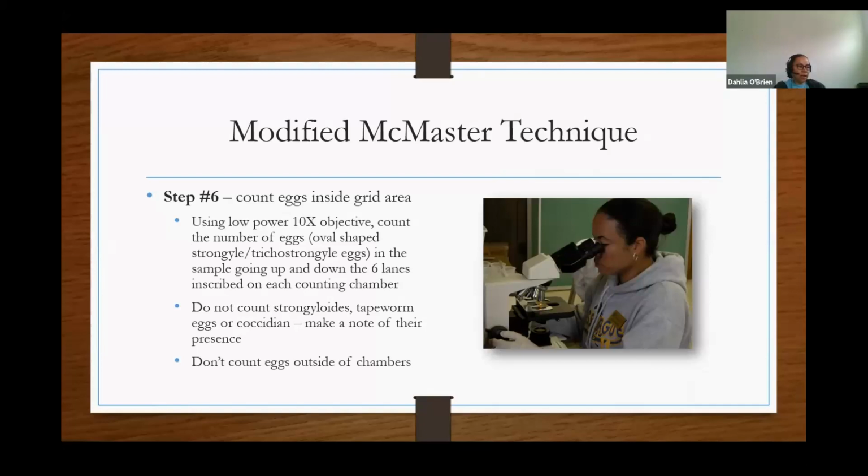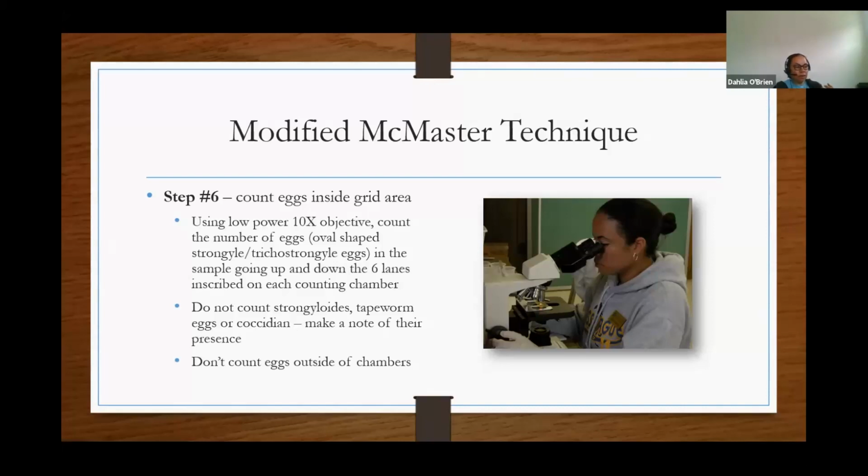Each chamber will have 6 lanes inscribed on it, and you're going to want to count all the eggs in these lanes. You're not going to count Strongyloides. They're really small, smaller oval-shaped eggs. Tapeworms or coccidia, you can make a note of the presence of these.